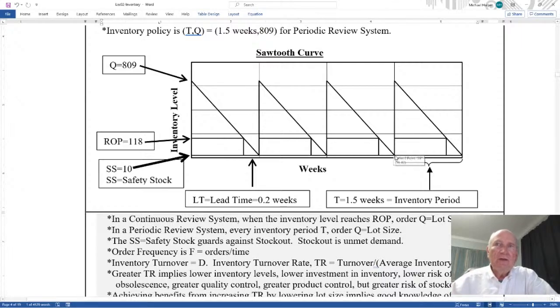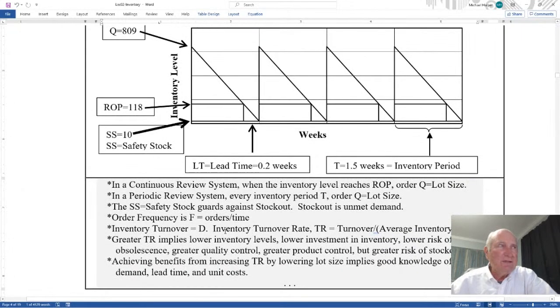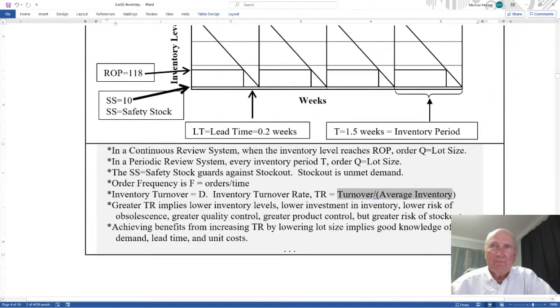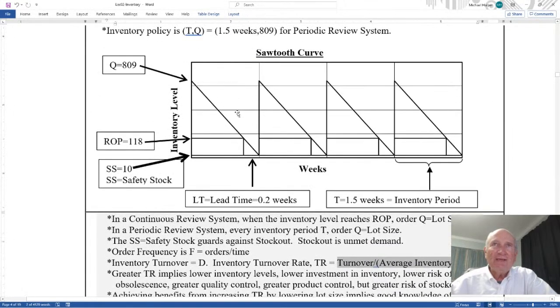But the turnover rate, on the other hand, is your turnover divided by your average inventory. So if my turnover is 809, that's what's coming in and going out. What's my average inventory? I take my turnover, divide by the average inventory. That's called my turnover rate.